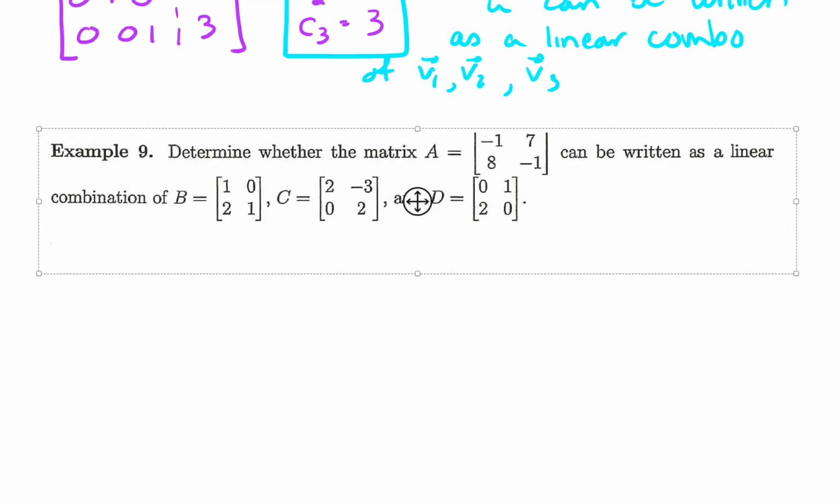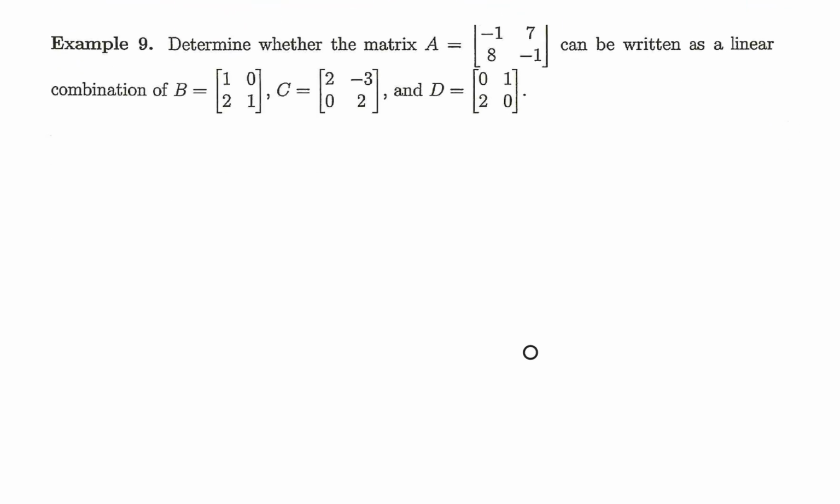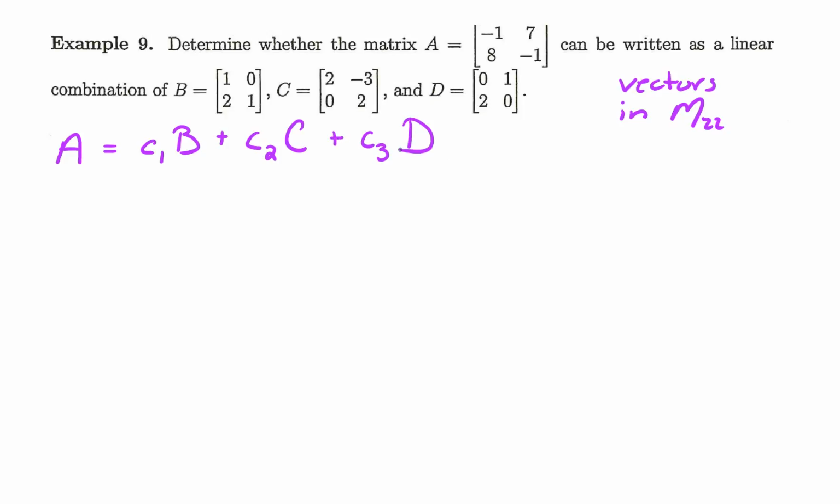So this question asks us, determine whether this matrix A can be written as a linear combination of B, C, and D. So by definition, this is asking us, can we find scalars such that A equals C1 times matrix B plus another scalar times C plus another scalar times D? These are vectors in M22. Do those scalars exist?